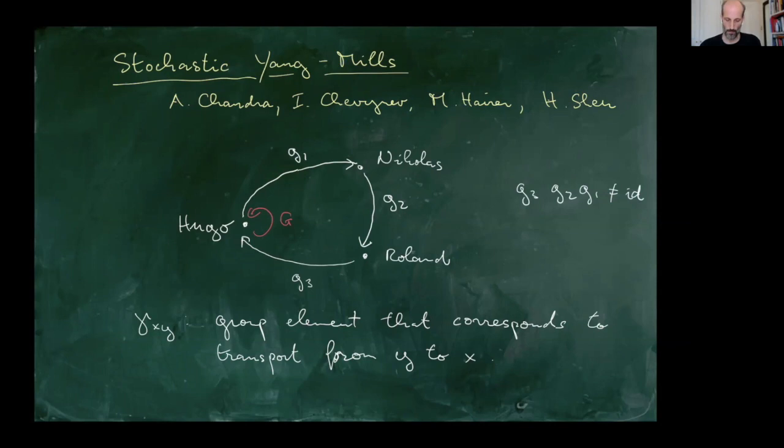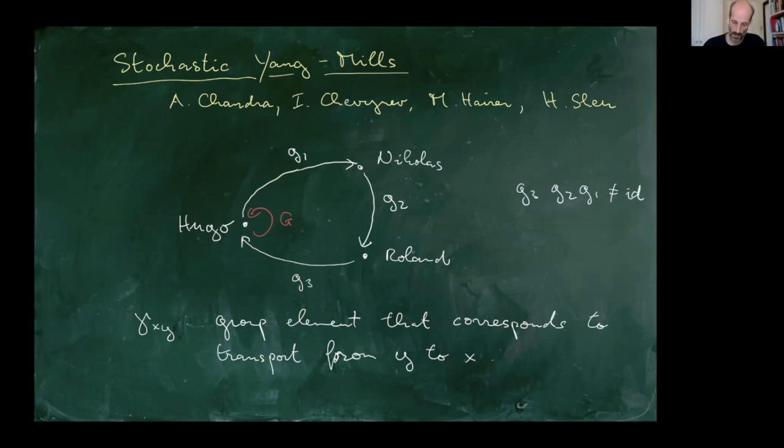So it's somehow the same type of idea. And so now, clearly, if you want invariance under that group G locally at every point, then that tells you how this connection should also transform, right?